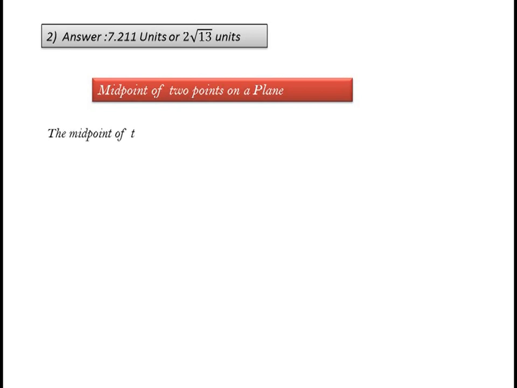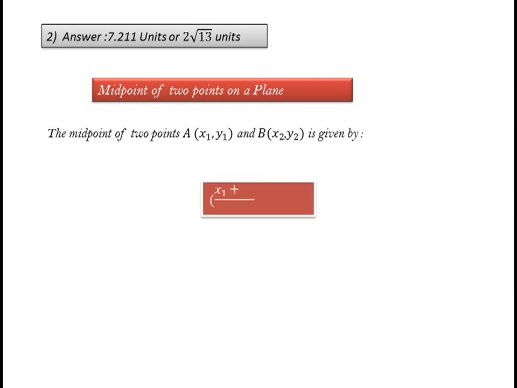So the midpoint of 2 points A (x1, y1) and B (x2, y2) is given by midpoint equals x1 plus x2 over 2, y1 plus y2 over 2. That's the midpoint.